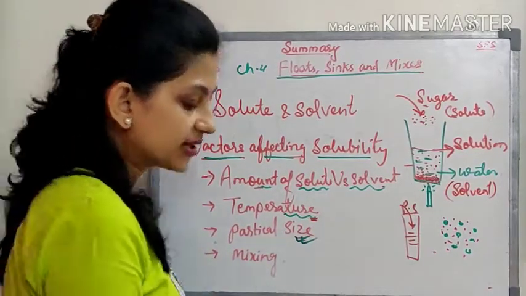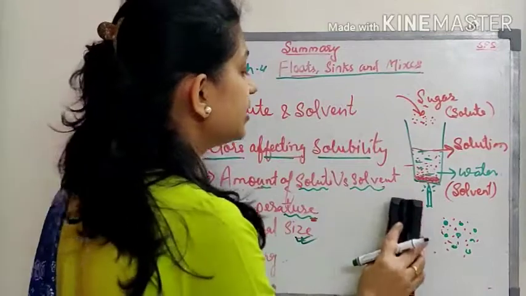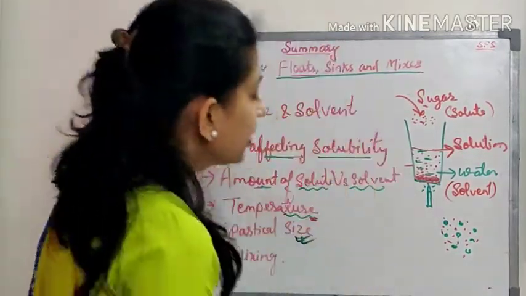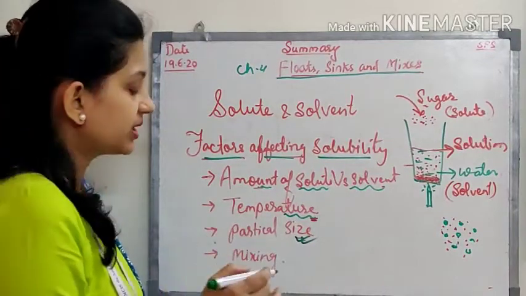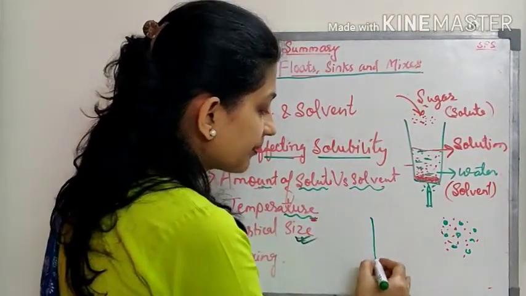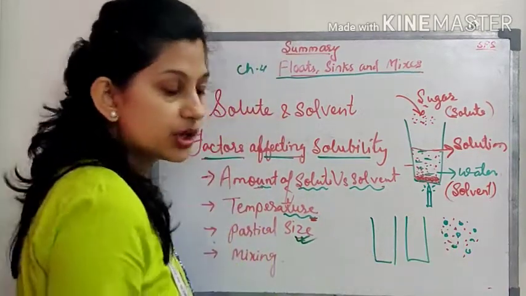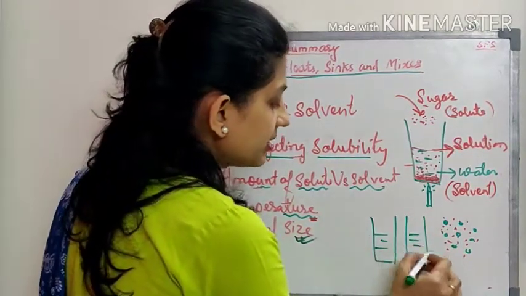Then one more factor was there, students, that is mixing or stirring. I know these things are not properly given in your book, but still it's very necessary to understand. Now comes the mixing. Now I kept 2 glasses of water. Here water is there, here also.